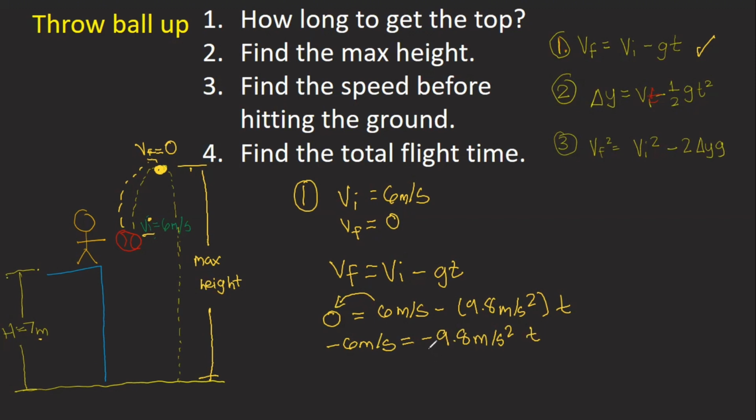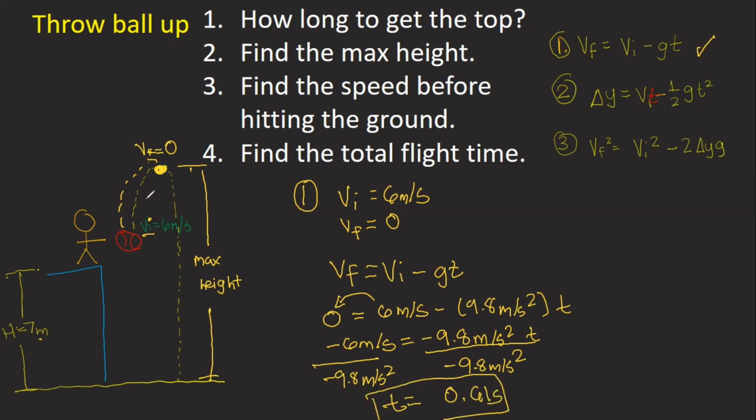Since our concern is the time, let's divide both sides by negative 9.8 meters per second squared. It will result in t equals 0.61 seconds. So the time it takes for the ball to reach this maximum height is 0.61 seconds.